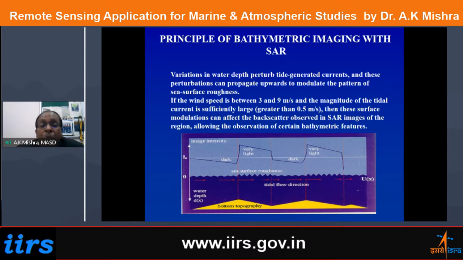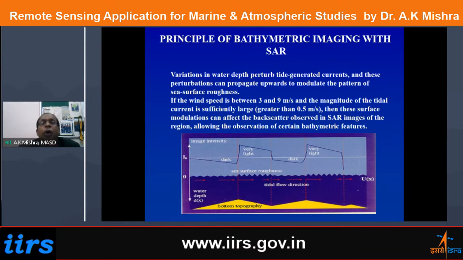If it is compressed, the sea surface will become very rough, and in the SAR image you will get a very light tone, and where it is flat you will get a dark tone. So the bright and dark tone will give you the surface condition of the coastal water.